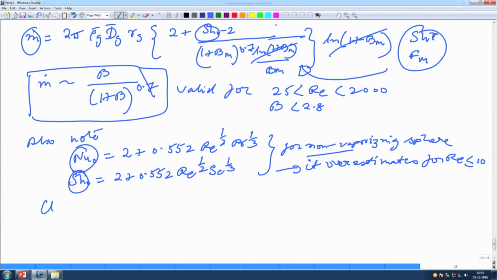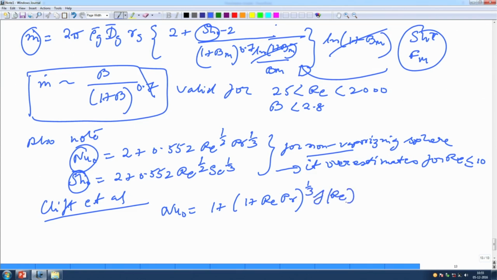Clift et al. suggested a modification to this. All these are very empirical sometimes, so do not be bothered about the nature of the thing. As you know, in fluid dynamics most of the problems do not have a clear cut solution, so you have to resort to approximate analysis. These are not exact analyses, these are all approximate analyses.